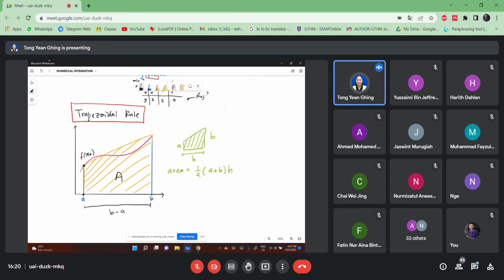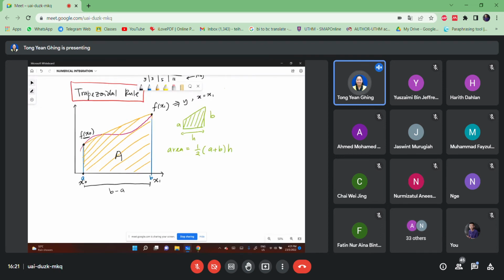Let's say I change B to X1, so at this point, this is F(X1). These are the values of Y when X is X1 and when X is X0.